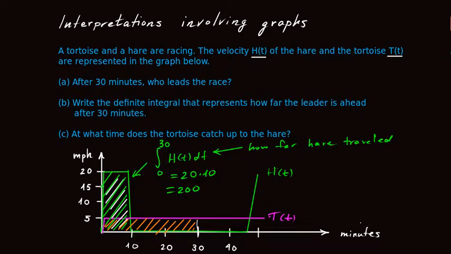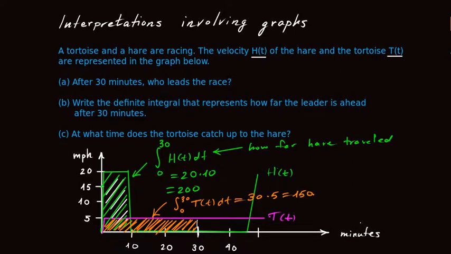On the other hand, the tortoise is traveling nice and steady all the way through the 30-minute mark at 5 miles per hour. And so his total change is given by the integral from 0 to 30 of t of t dt, which is the area of this rectangle, which is 30 times 5, which is equal to 150.